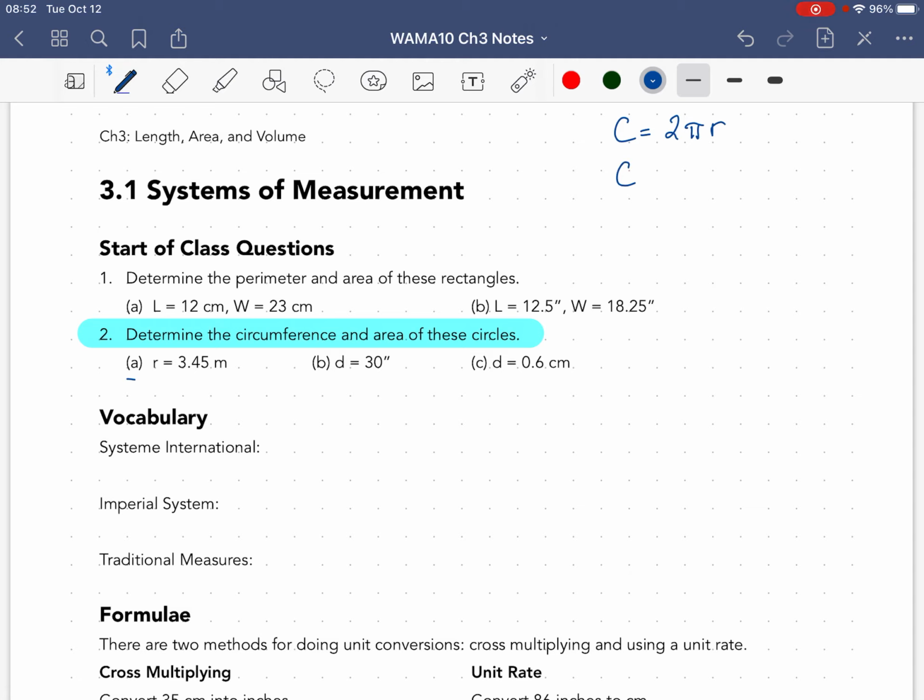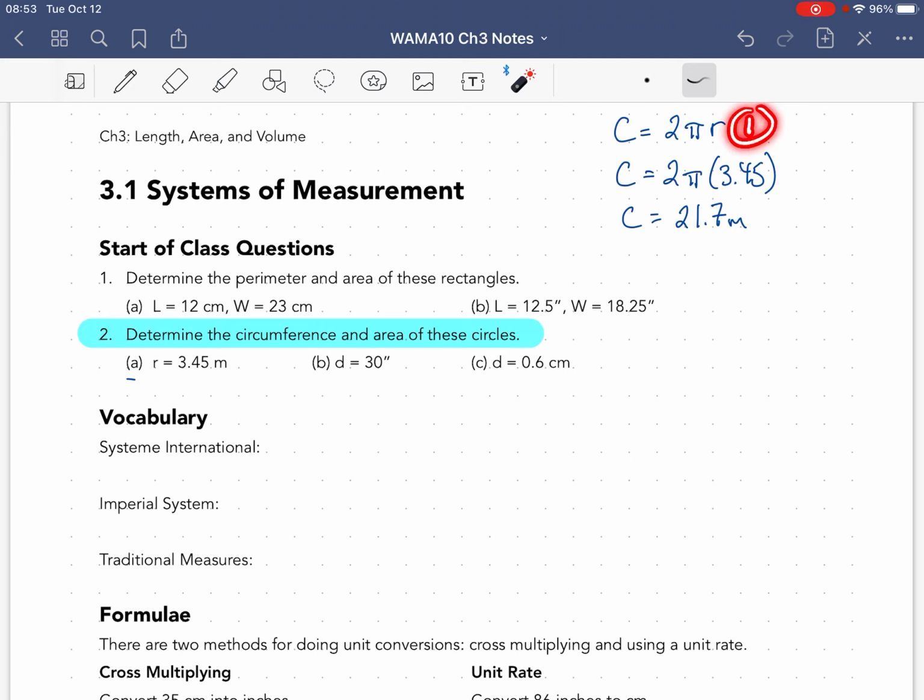So I know my radius. Circumference is equal to 2 times pi times 3.45 meters. Then I can do all that work on my calculator. 2 times pi times 3.45, 21.7 meters. And I make sure that I've got that.